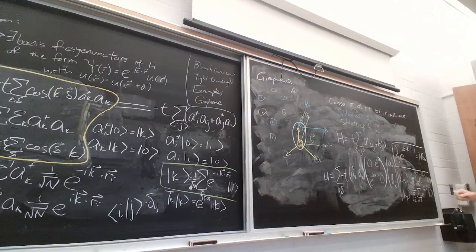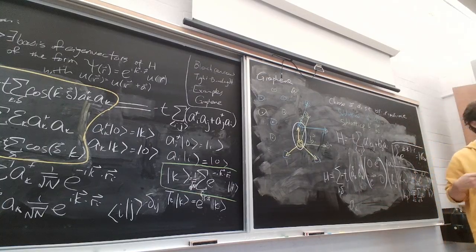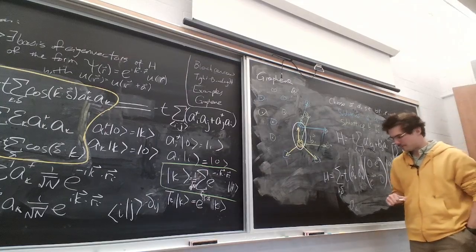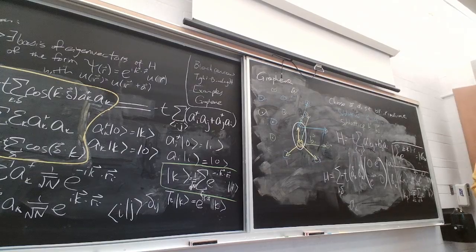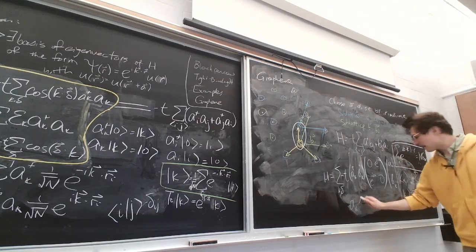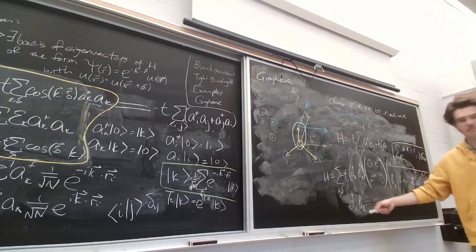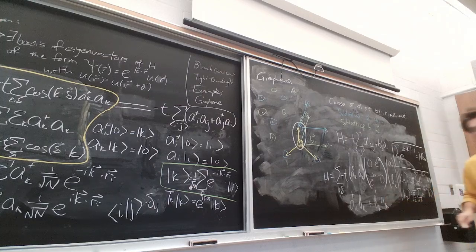The point is that I want things to be diagonal. Do you agree? I want to write down my Hamiltonian to be diagonal in some sense, right? But if I expand this out, I'm going to have an A_k dagger B_k term and a B_k dagger A_k term.